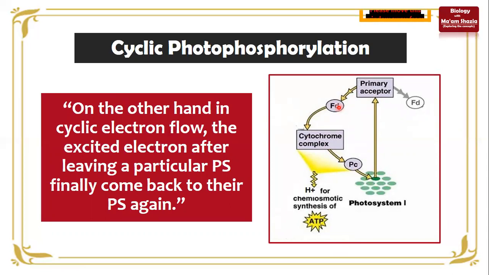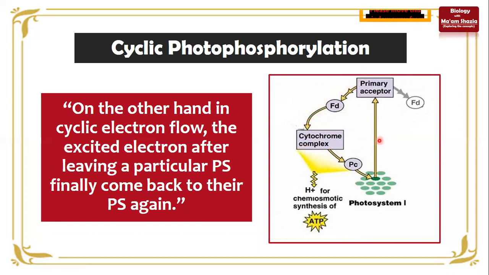But ferredoxin, instead of giving these electrons to the NADP reductase, gives the electrons to the cytochrome complex, then the PC. Obviously this energy will be utilized by the plant for the production of ATP, and in that case there will be no NADPH.